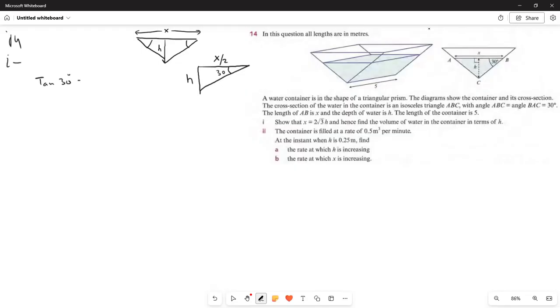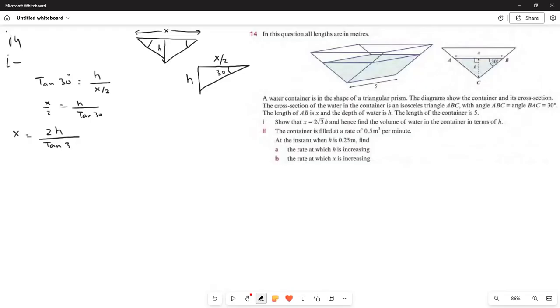Tangent of this angle is h divided by x by 2. Am I right? So x by 2 is equal to h divided by tangent 30, and x is equal to 2 times h over tangent 30.